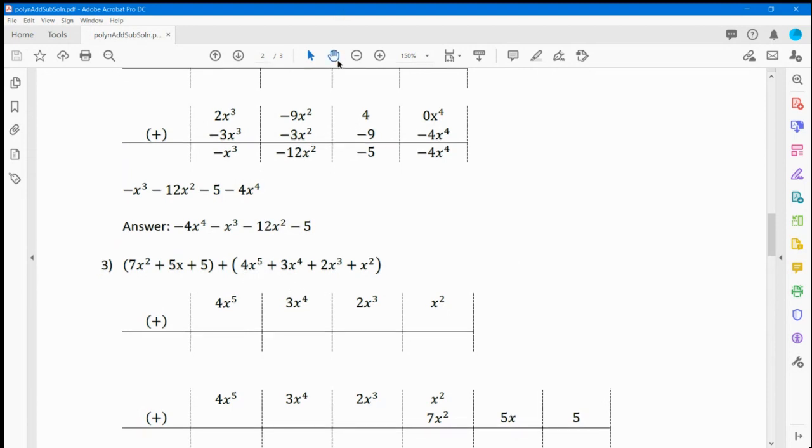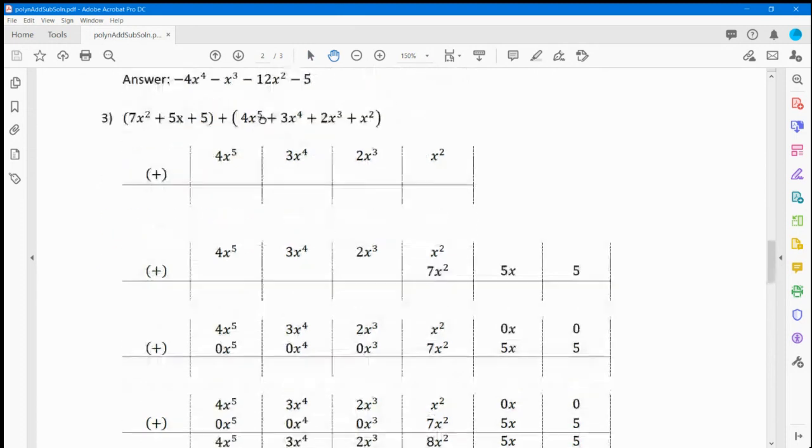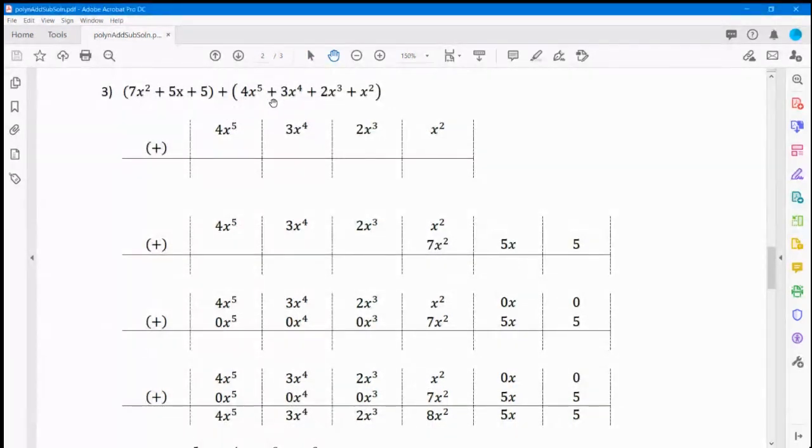So each term is getting its own column. Move this up. So that's what happens here. For the other polynomial, we have to handle that, right? So the 7x squared, well, we have an x squared column. That's going to go here. For 5x, you can see there's no x column here, right?